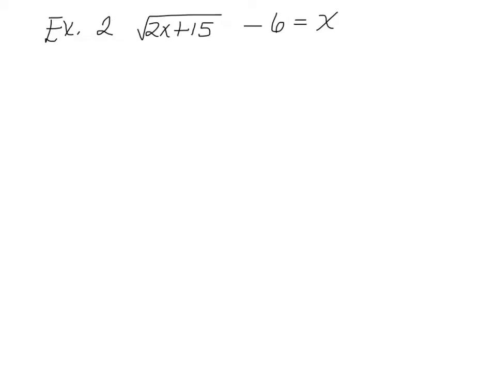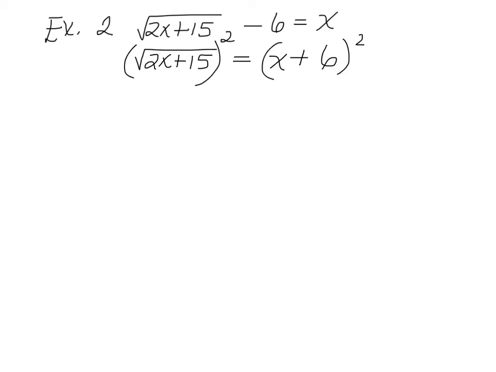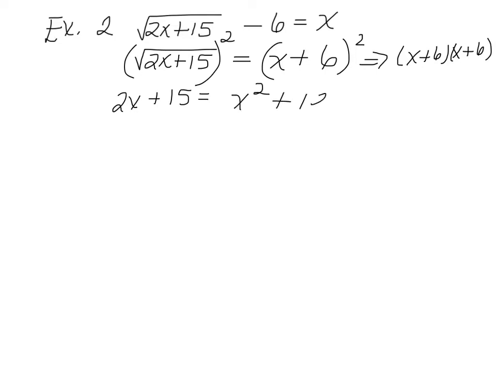Okay, on a problem like this, you want to isolate the radical. So you want to get the radical by itself. So I'm going to move the 6. And then you're going to square both sides to get rid of the radical. So squaring this means foiling it out. So you'll get x squared plus 12x plus 36.